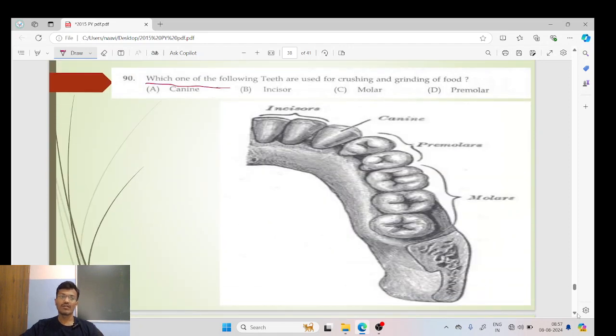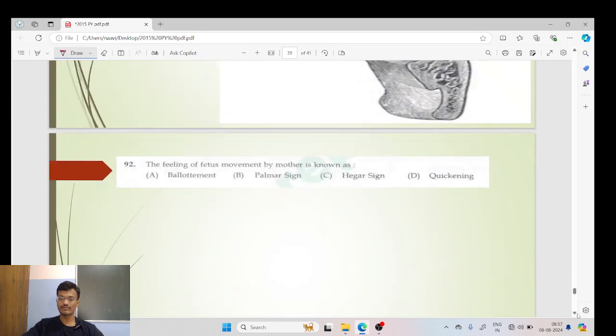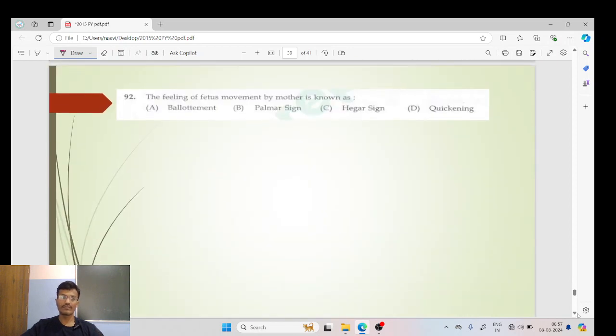Which of the following teeth are used for crushing and grinding food? That is called the premolar. The feeling of fetal movement by a mother is known as quickening. This is the right answer.